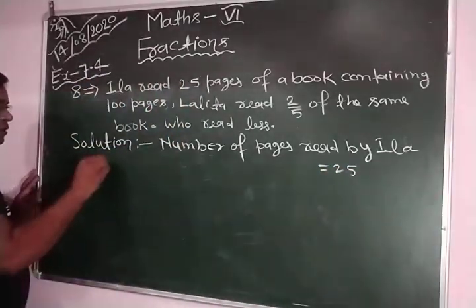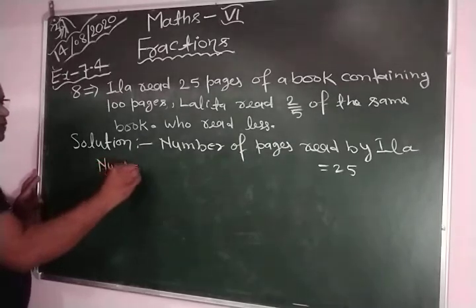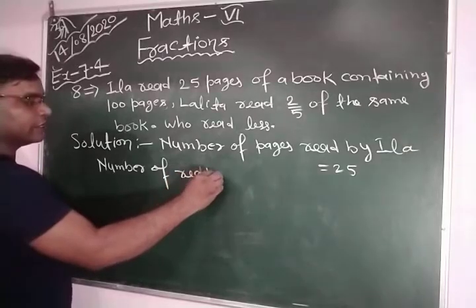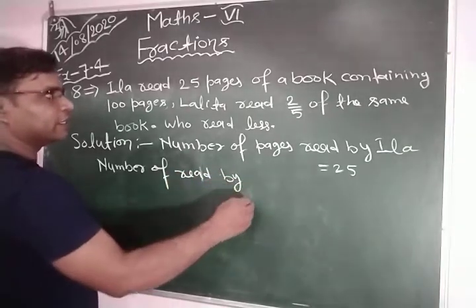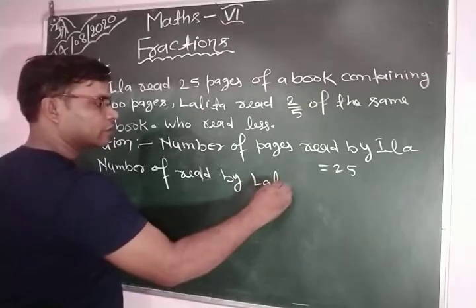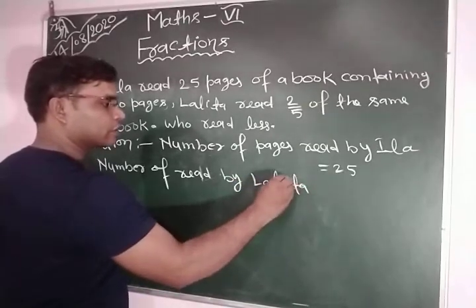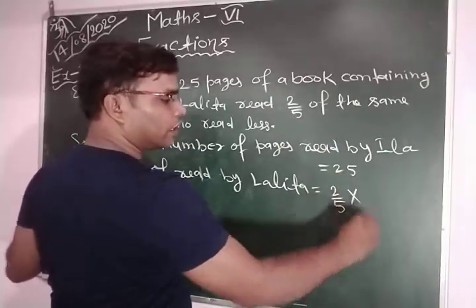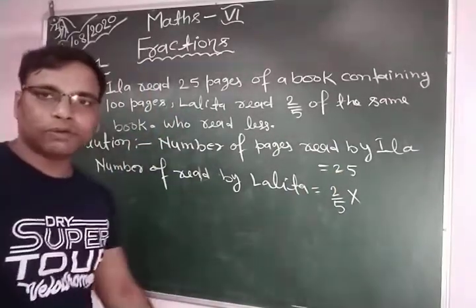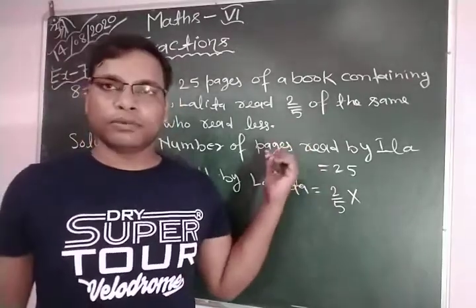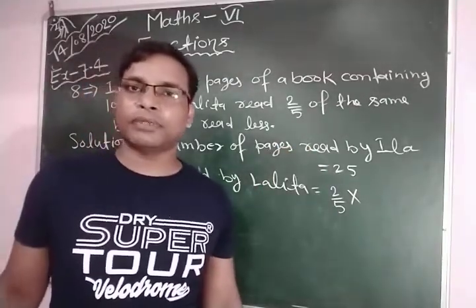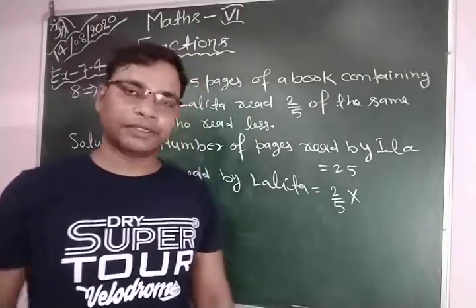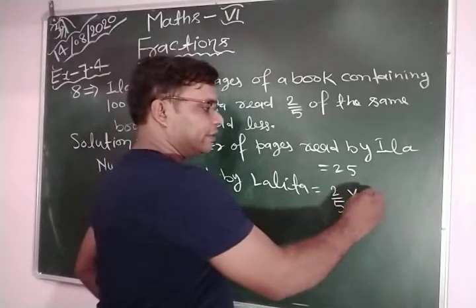Now number of pages read by Lalita is equal to 2 by 5 of the same book. Same book means the book Lalita read. The number of pages in the book Lalita read is 100. Okay, so here this is 100.